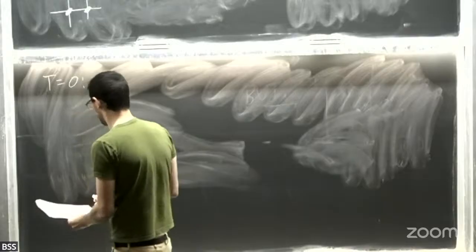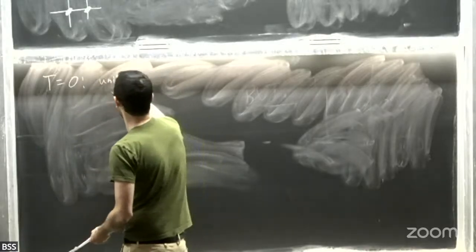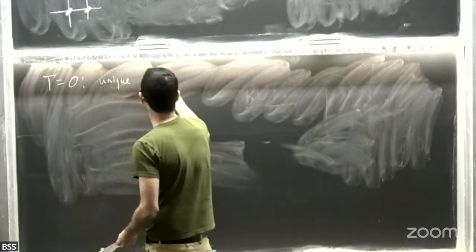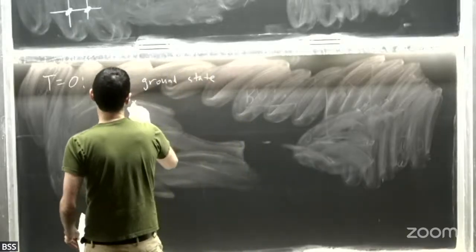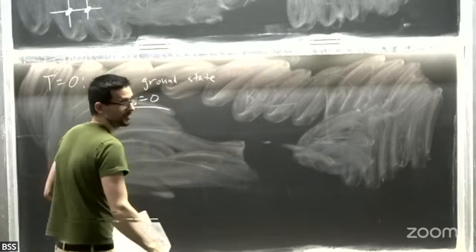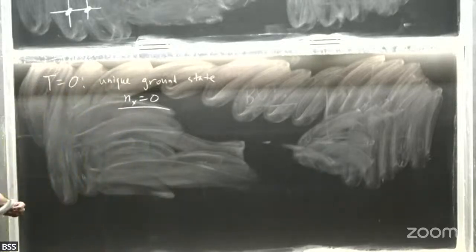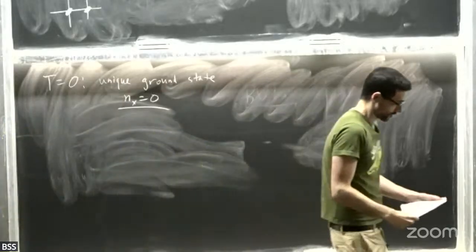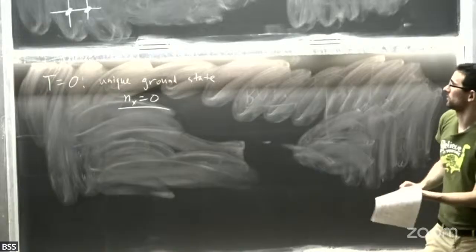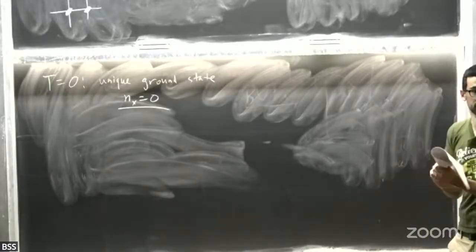This model actually has a unique ground state, which is all n equals 0. In the fancy modern jargon, this is a frustration-free problem. Okay, very simple. So the ground state has no particles anywhere, and that's it.